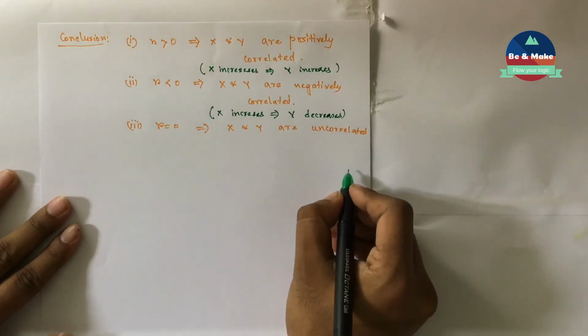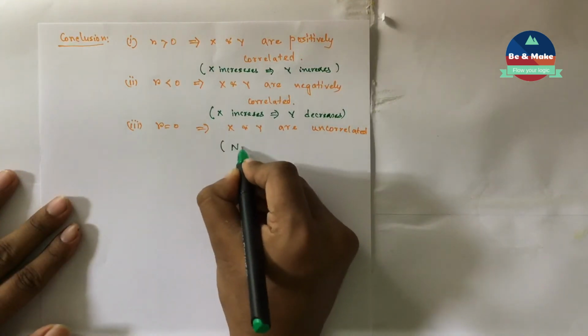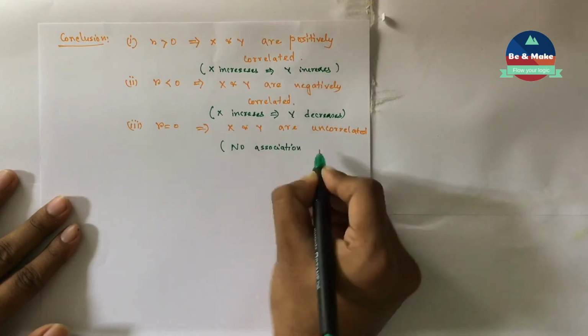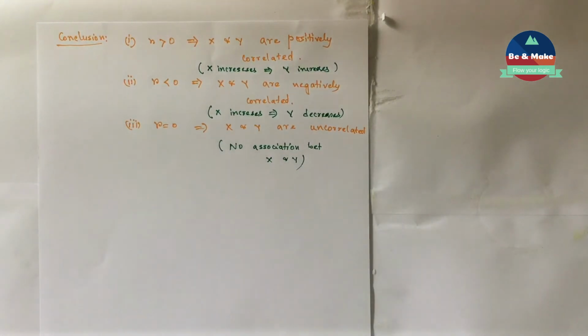Now what do I mean by uncorrelated? There is no relation between them, that is, no association between x and y. So I guess this is a bit clear to you: if r is greater than 0, x and y are positively correlated, that is, if x increases then y increases. If r is less than 0, x and y are negatively correlated, that is, if x increases then y decreases. And if r equals 0, there is no association between them.